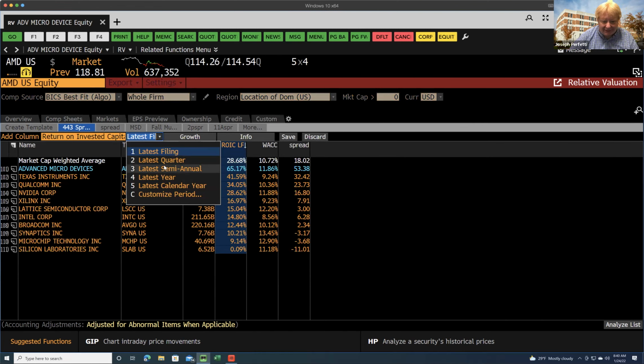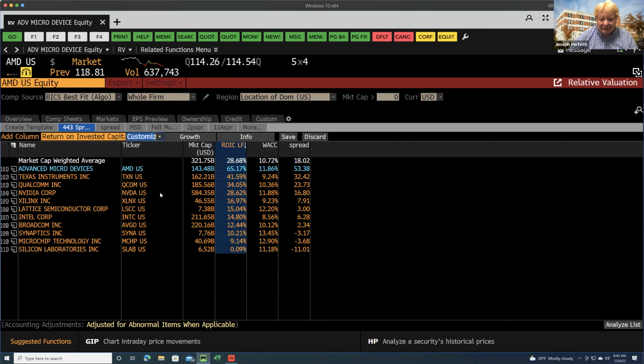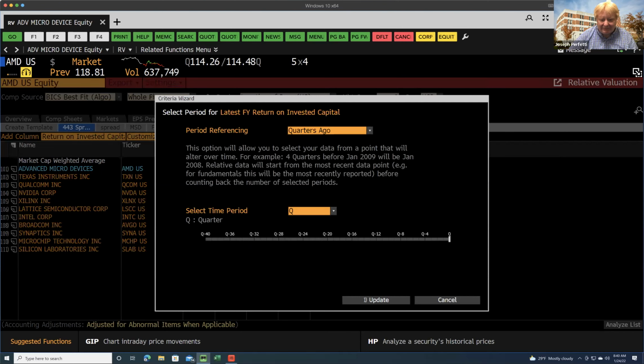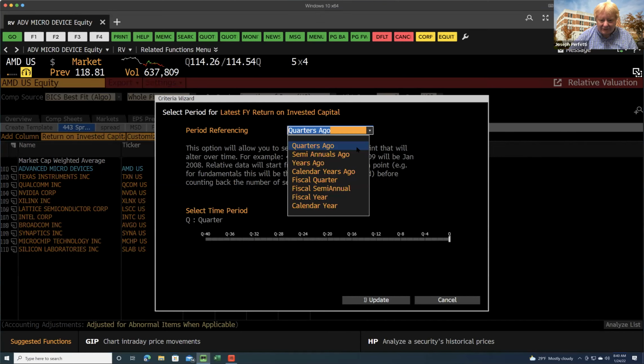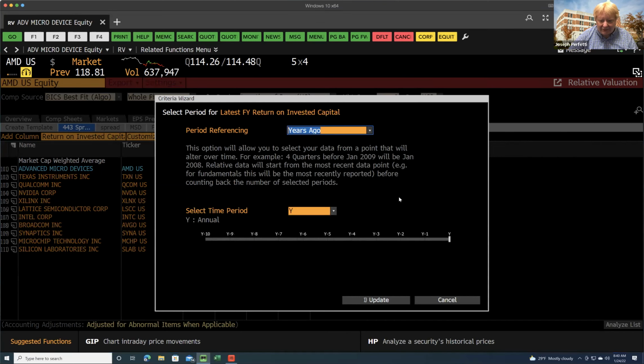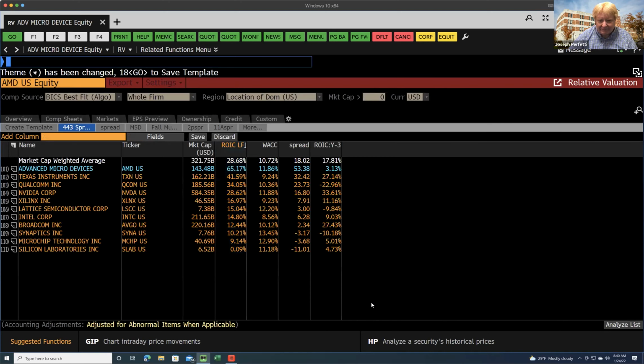I could do a semi-annual, 6 months worth of data. I could do it based on their latest fiscal year. Or if I want to get really crazy, I can customize the period. And I could go, for example, 3 years ago. So these were the ROICs for the chip makers 3 years ago, as opposed to today. So I can see trends over time.